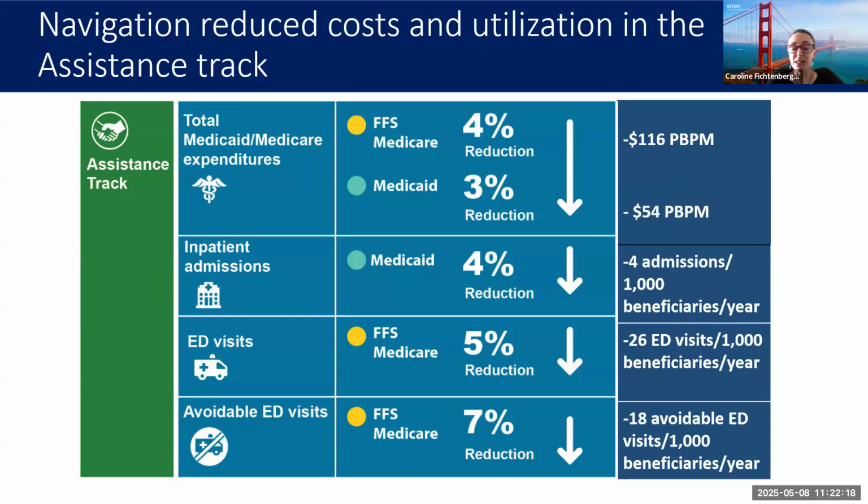And fee-for-service Medicare members saw reductions of 5% in ED visits, or 26 ED visits per 1,000 beneficiaries per year, and a 7% reduction in avoidable ED visits. So it's 18 avoidable ED visits per 1,000 beneficiaries per year. So those were the cost and utilization impacts in the assistance track.